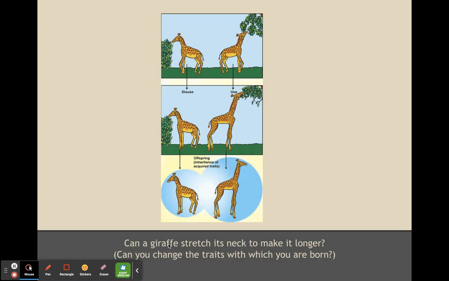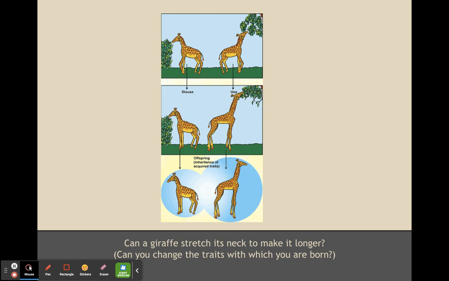If we had a giraffe that was born with a short neck and they lived near shrubbery that was on the ground, that giraffe would live its whole life with its short neck. However, Lamarck said that if a giraffe was born with a short neck and it lived in a place where the only shrubbery that it could eat was up high, that it could actually stretch its neck or change one of its physical traits in order to accommodate where that food was located.